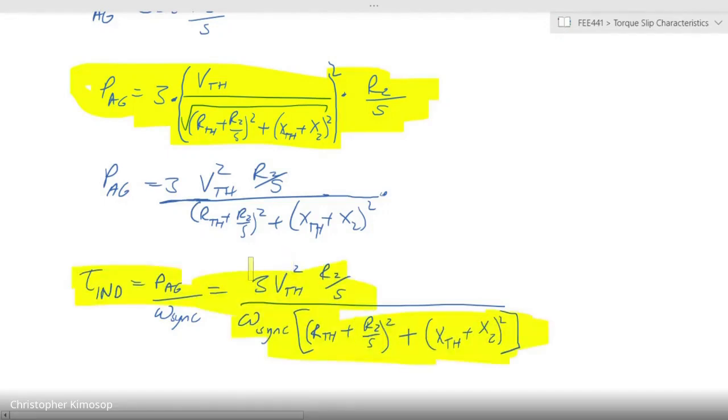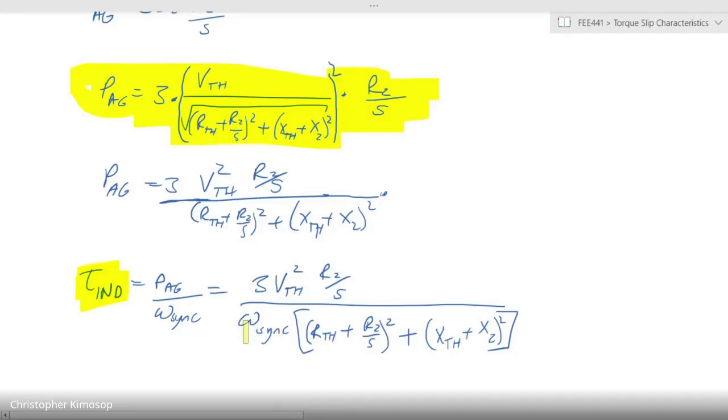And you will note that this expression actually has, and let me do that highlighting so that we can all see, the two things that we were talking about. We wanted to see induced torque in terms of speed, but there is no variable of speed.